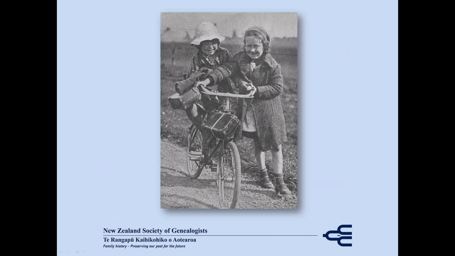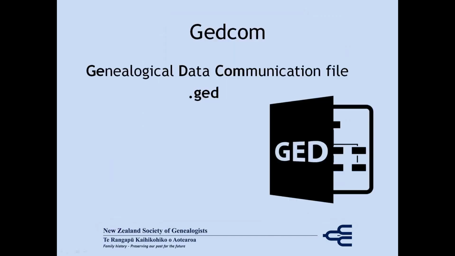We're going to start off by looking at ways you can share information with the people you're working with to build your family tree. The easiest way is to swap GEDCOM files. GEDCOM stands for Genealogical Data Communication File and is a standardized file type that every family tree program should be able to produce.